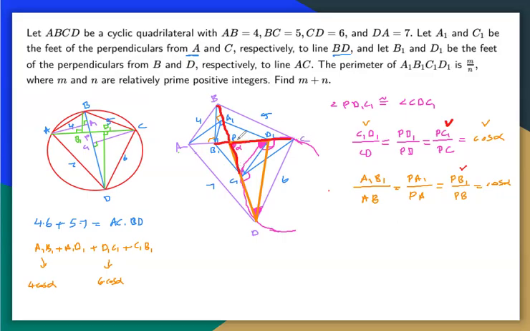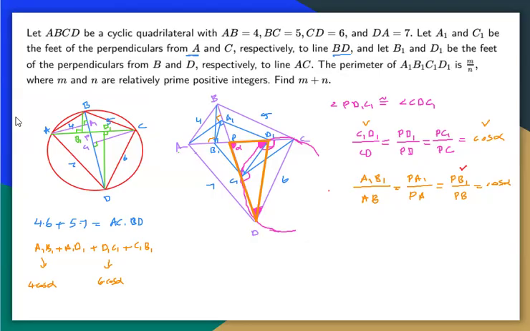If you look at it, triangle PB1C1 and triangle PBC have two proportional sides, and the angle in between those two proportional sides is congruent because they are vertical angles, which makes those two triangles similar.